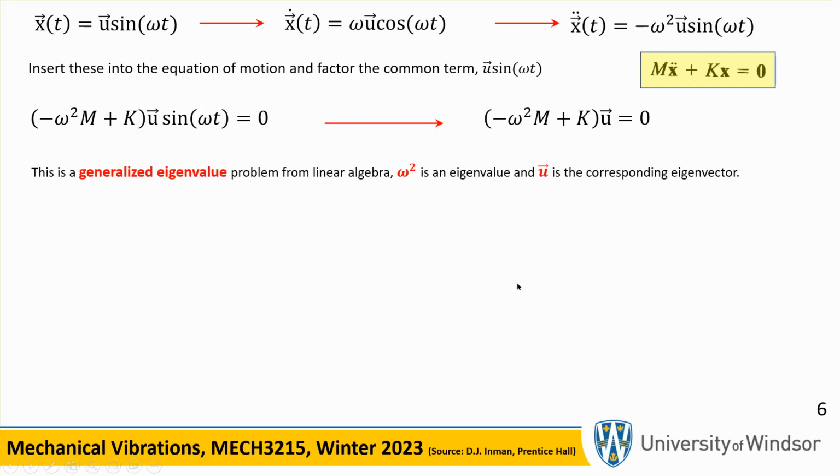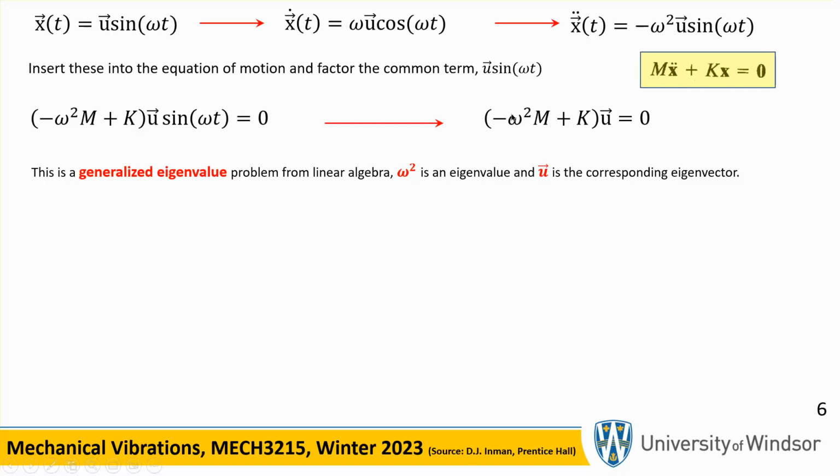Now, that looks familiar. Remember, in your linear algebra course, you had a situation where a matrix, specifically that matrix that I'm referring to, was A minus lambda I times a vector equal to 0. Didn't we call lambda the eigenvalue and the vector the eigenvector?